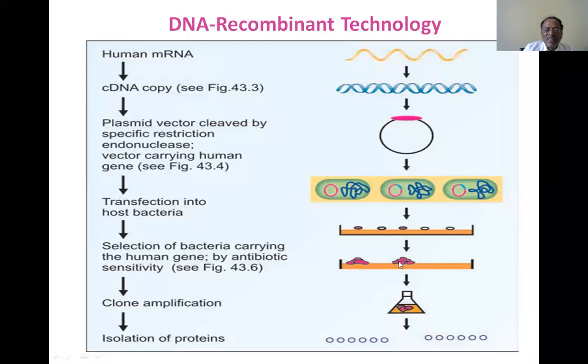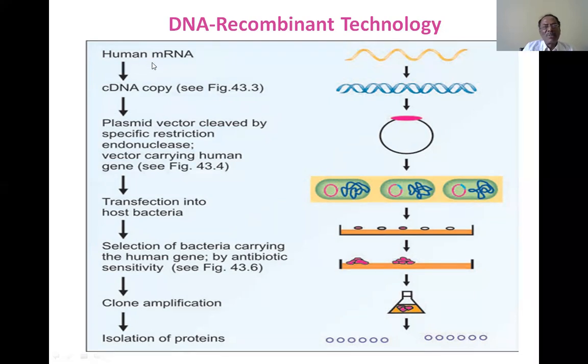When they are grown, they produce all the proteins present in the plasmid, along with the insulin. The insulin is separated by chromatography, concentrated, purified, and then recombinant insulin is obtained, or in fact any recombinant protein.